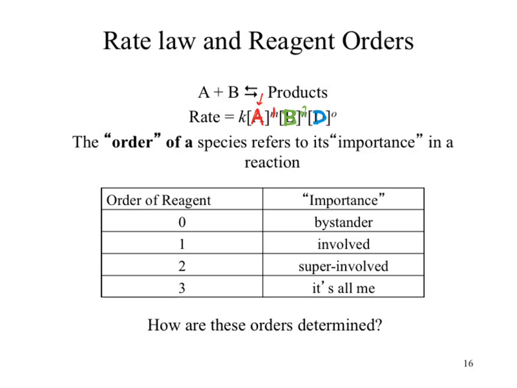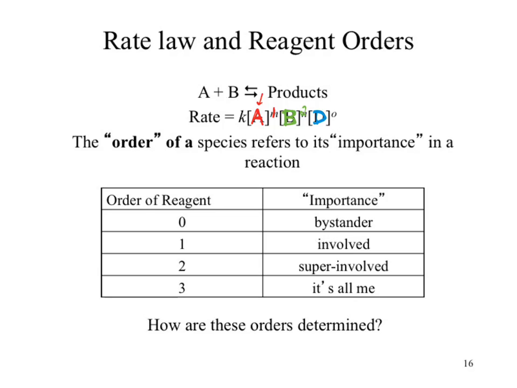How would we determine these orders? Mike, do you remember how to determine the orders? Can we get a little bit more detail than lots of experiments? The only true way was experimentation. I remember the instructor saying you can hypothesize what they would be. Well, the true way is experiment, but what's the experiment?